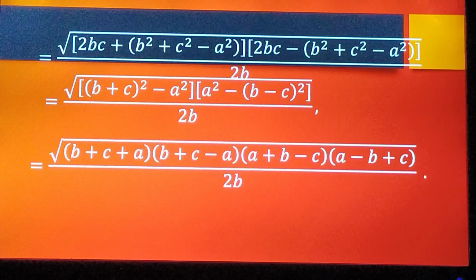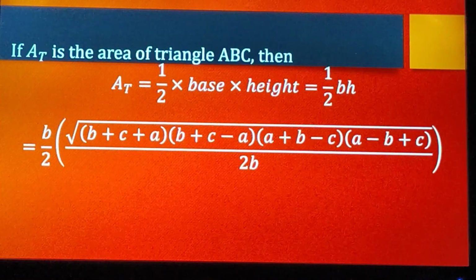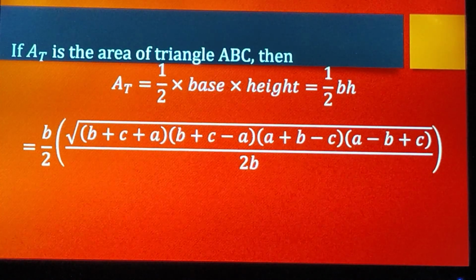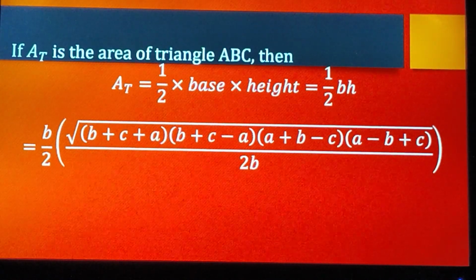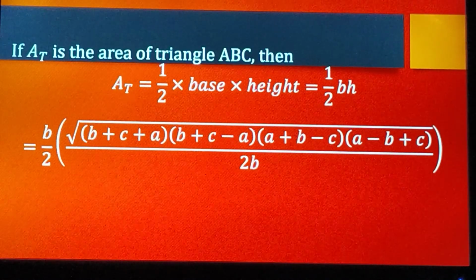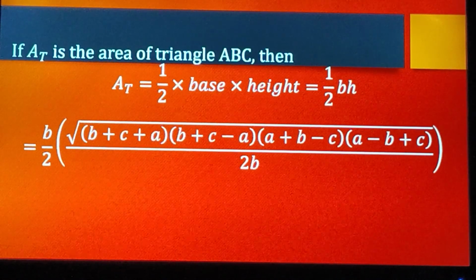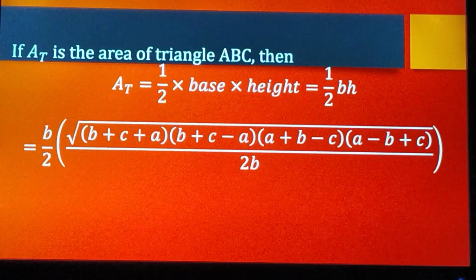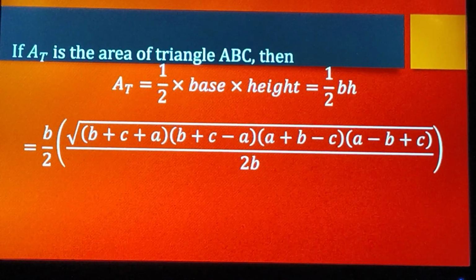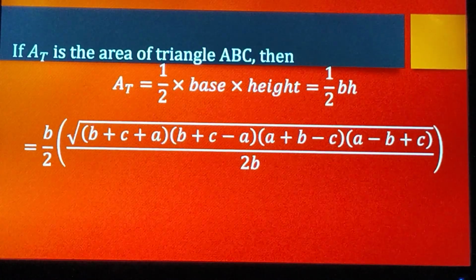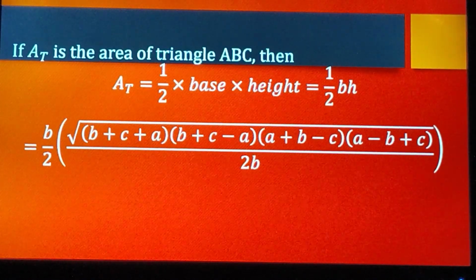Okay, so if A sub T is the area of triangle ABC, then A sub T is equal to 1/2 base times height, or 1/2 bh. So 1/2 b is b over 2, and then h is this expression here, which we have obtained earlier.